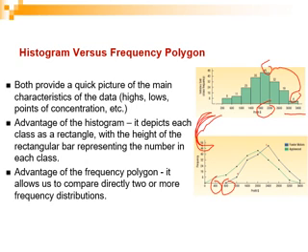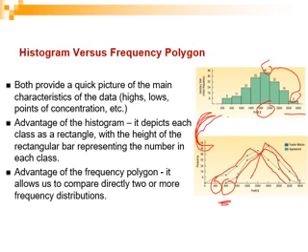Okay, now what is the advantage of the frequency polygon over the histogram? The advantage is that the frequency polygon allows us to compare directly two or more frequency distributions. This means that we can draw two or more, maybe three, on the same axes, x-axis and y-axis.